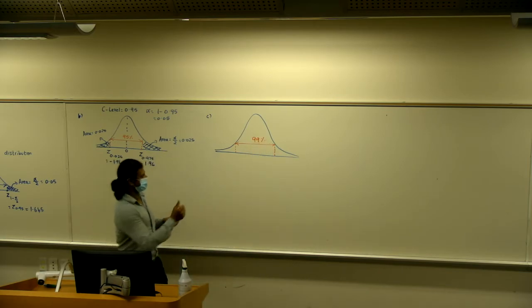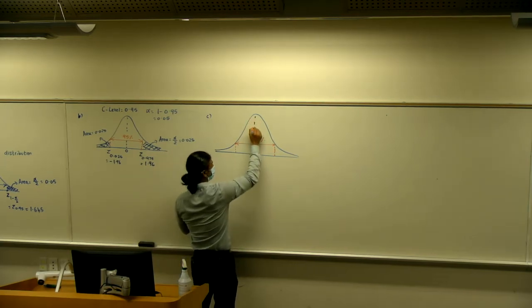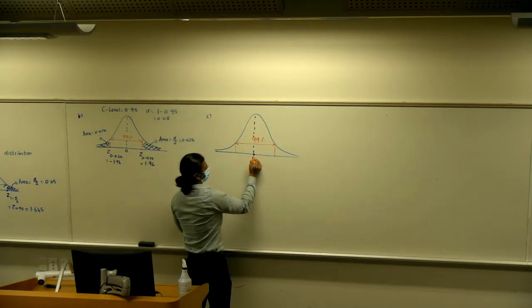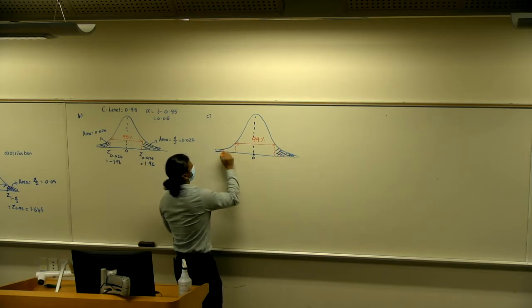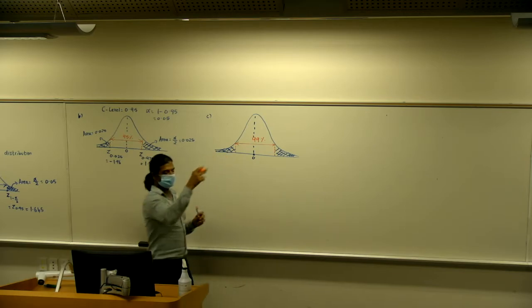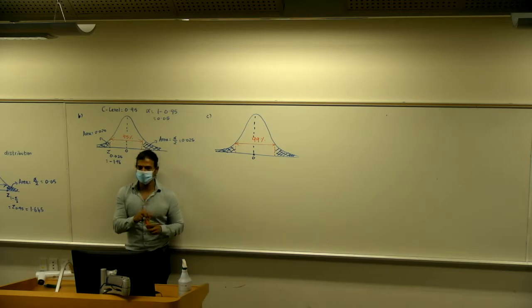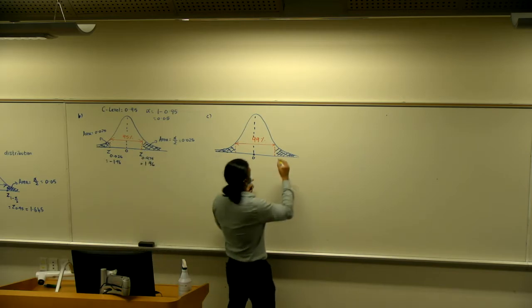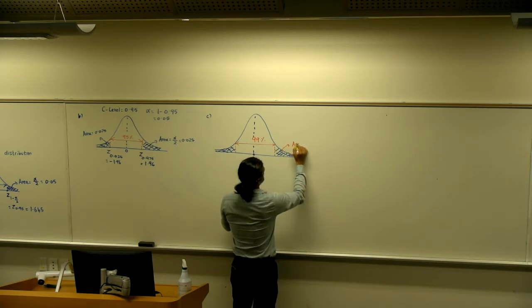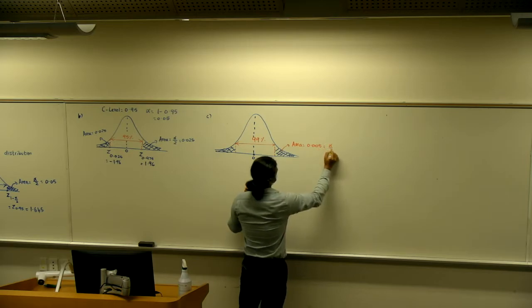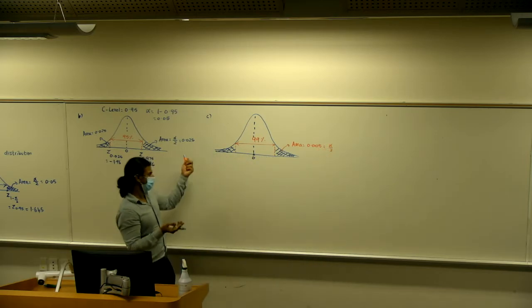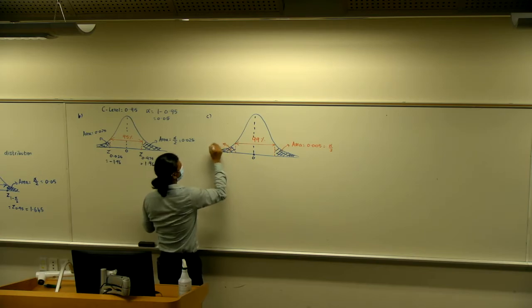If 99% is right in the middle, what amount do we have on either side? 0.005, which is simply alpha over 2. And it is the same on the other side.